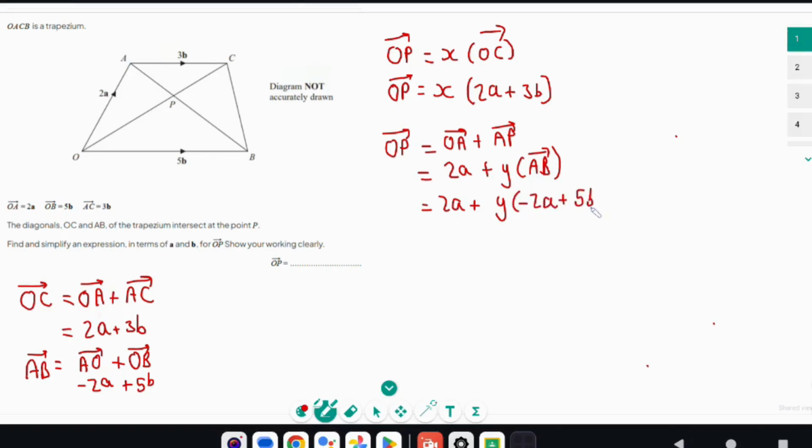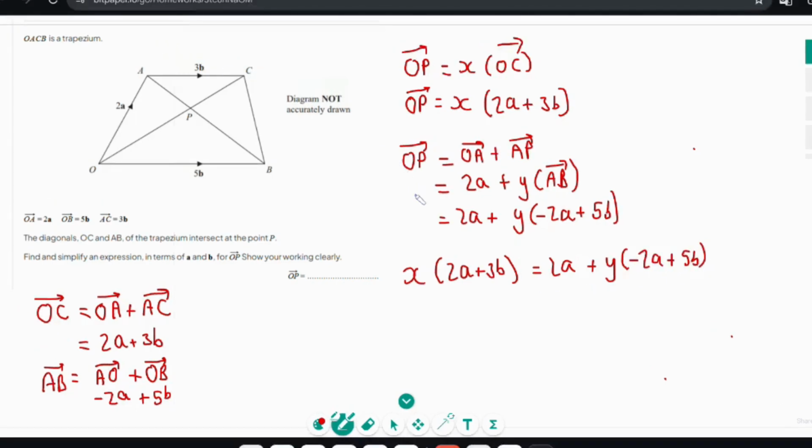I have OP in two different ways here, so I can put them equal to each other. I'm going to expand the brackets. 2ax plus 3bx is equal to 2a minus 2ay plus 5by. So now I'm going to equate coefficients of a.